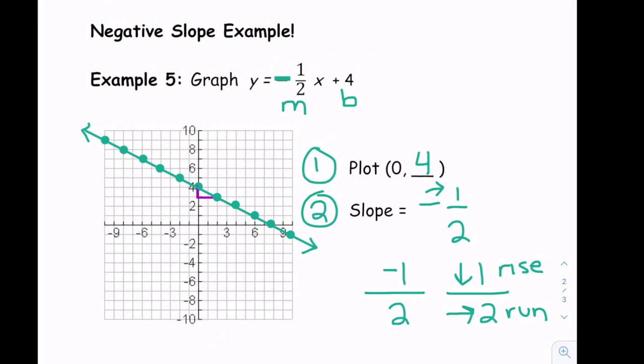Notice that because I had a negative slope, my line is going down when I look at it from left to right, versus in the other examples when it was going up from left to right, because we had a positive slope. So negative slopes go down from left to right, positive slopes go up from left to right.